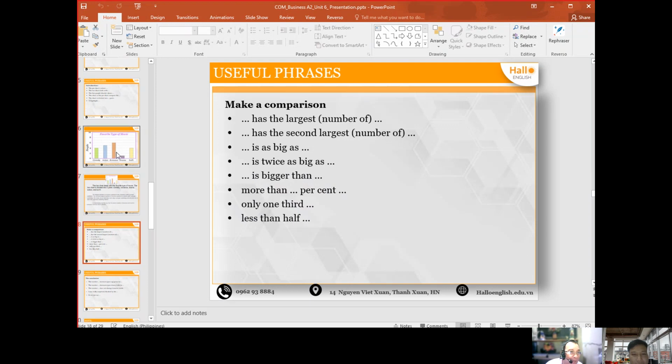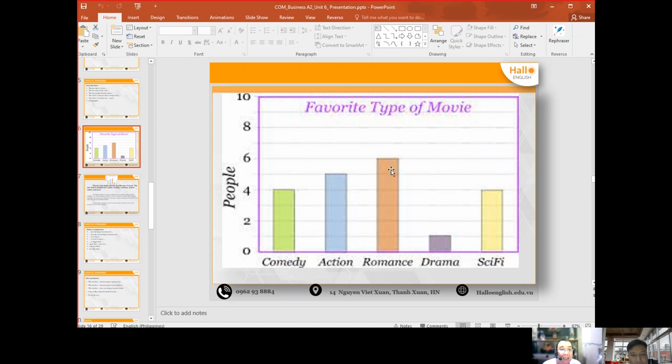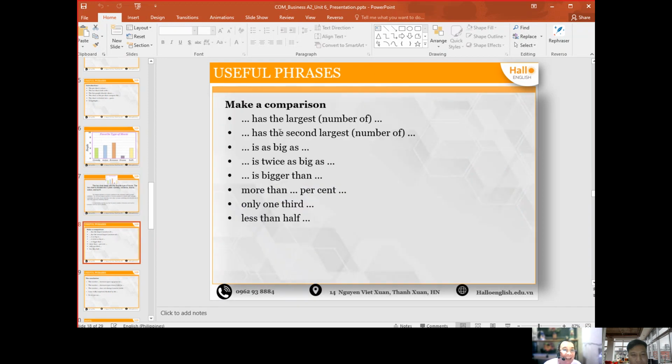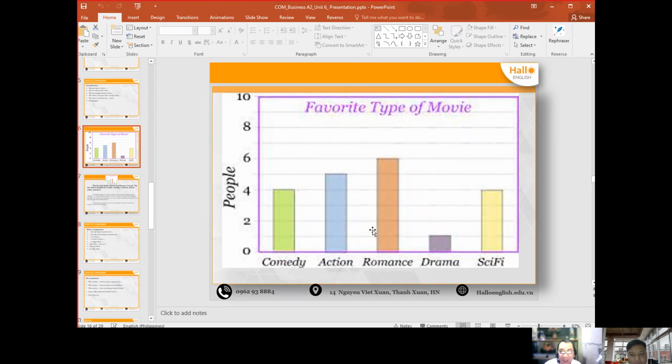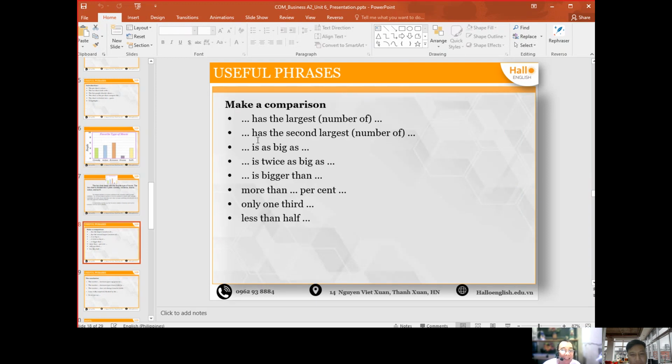Let's say, for example, you can say "romance has the largest number of people watching." Or you can say "has the second largest number of."